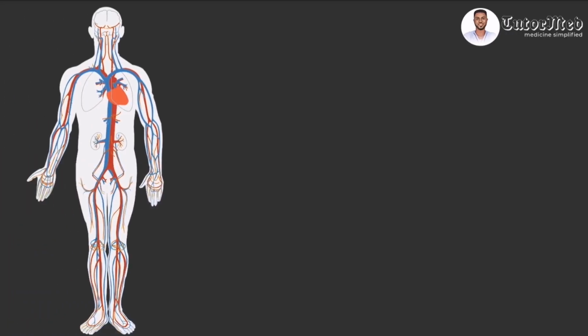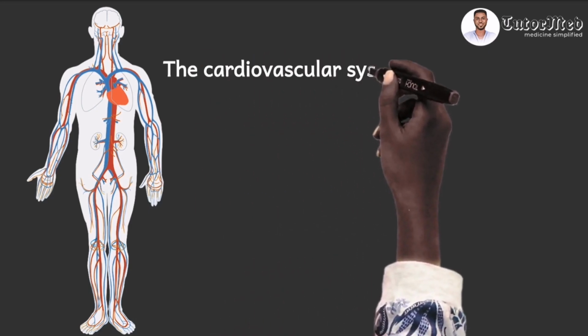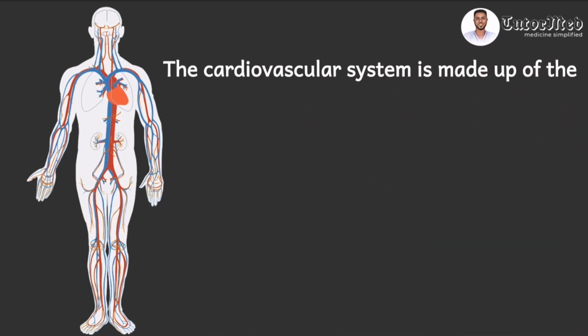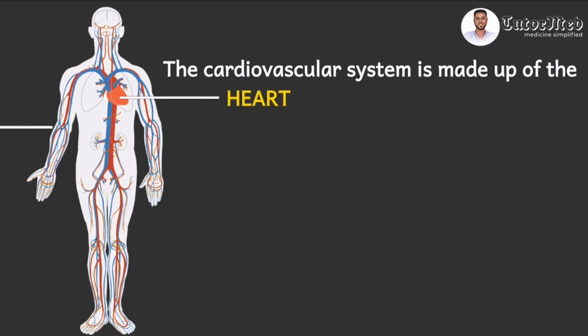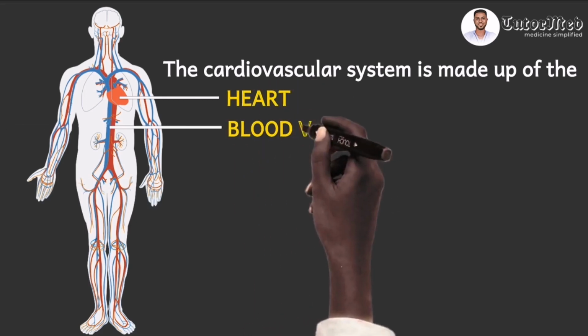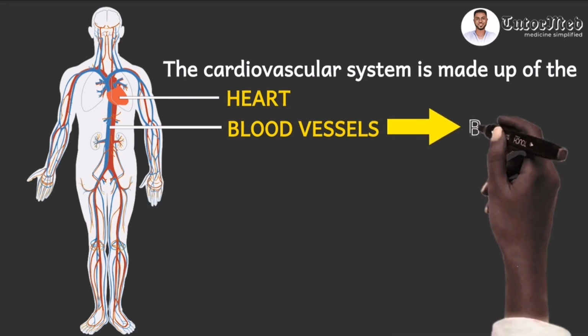Now, this image I got online gives us a big picture of how the cardiovascular system in our body looks like. The cardiovascular system is made up of a pump called the heart, and then blood vessels, which contain blood.